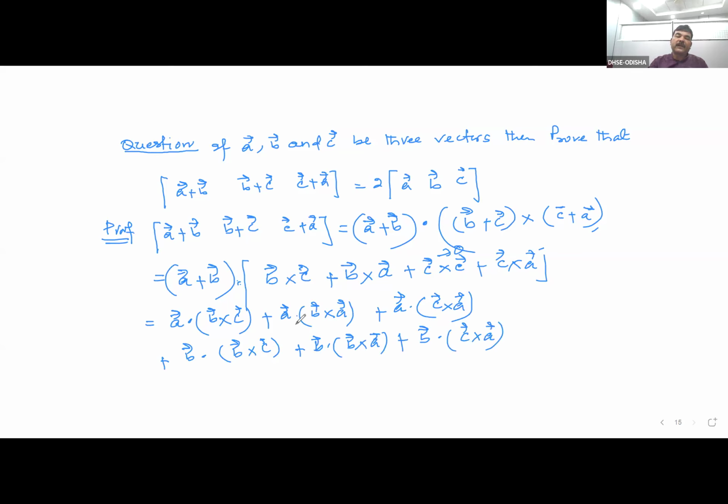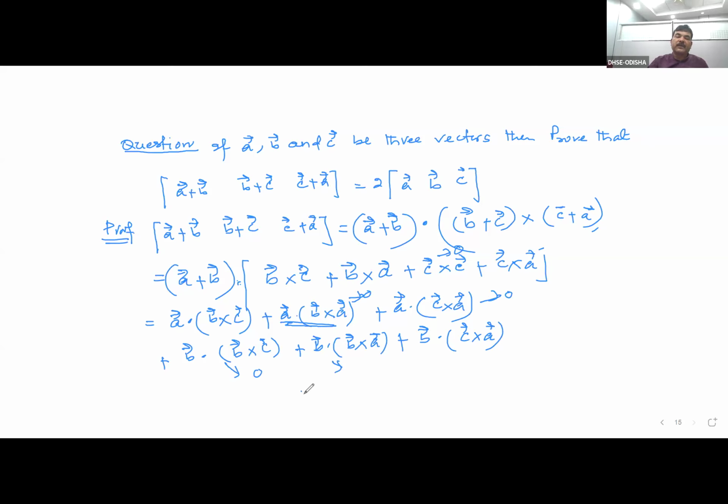You see, A dot B cross A is 0. If two vectors are parallel or equal, then their triple product is 0. A dot B cross A, two vectors are equal, that A, so this one will be 0. A dot C cross A will be 0. B dot B cross C is 0.